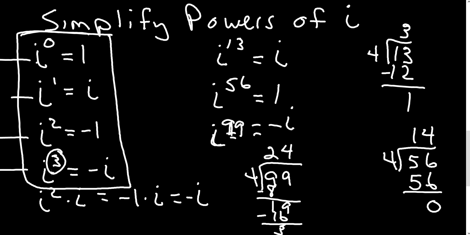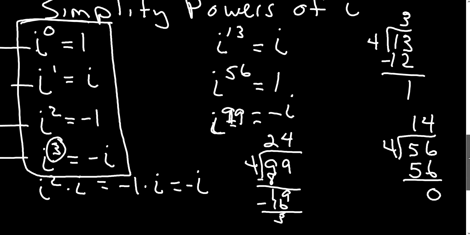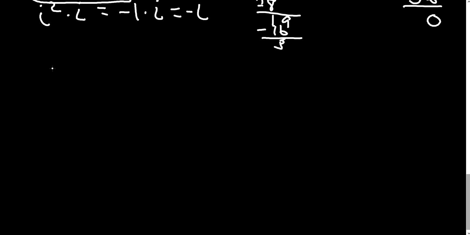There was one more with a negative exponent. Let's go through that one. It is i to the negative 3. Same idea here. This is only up to 3, so we already know what 3 is. I have to change this to a positive exponent, so it would be 1 over i cubed. Now it's positive.